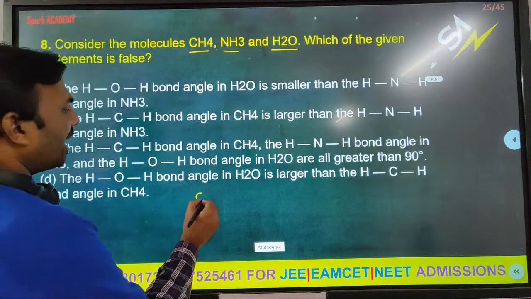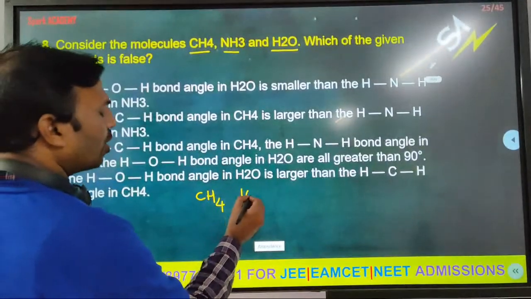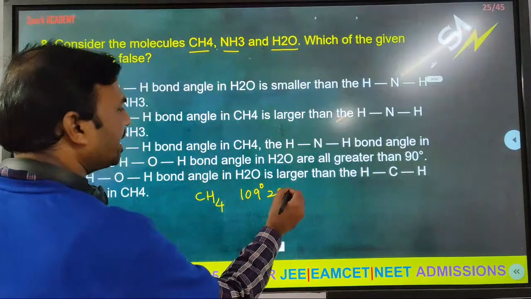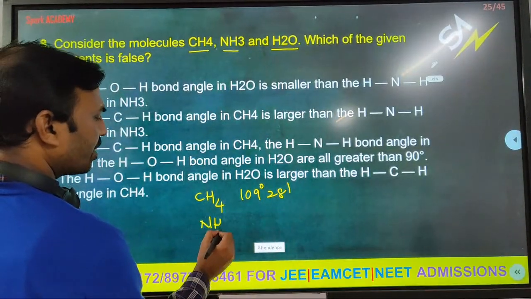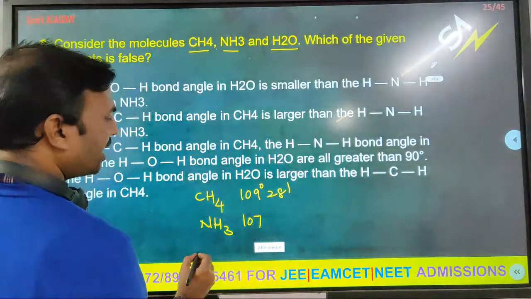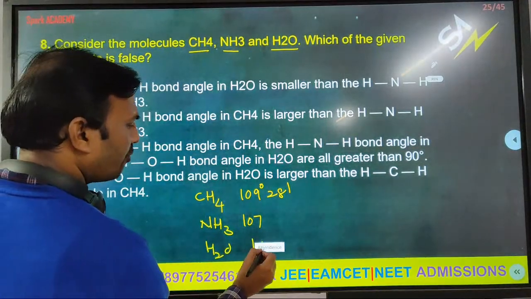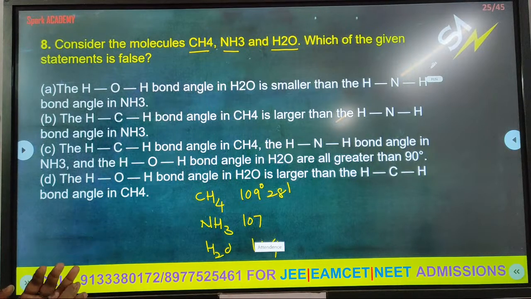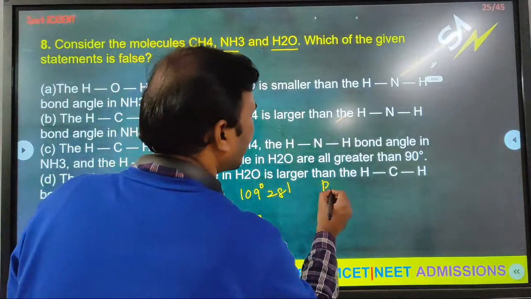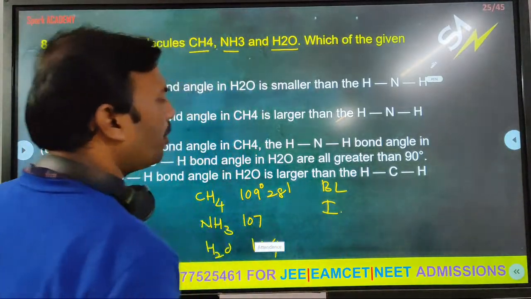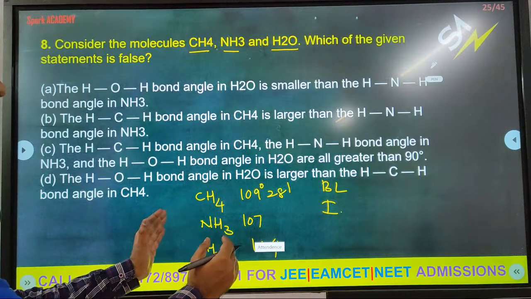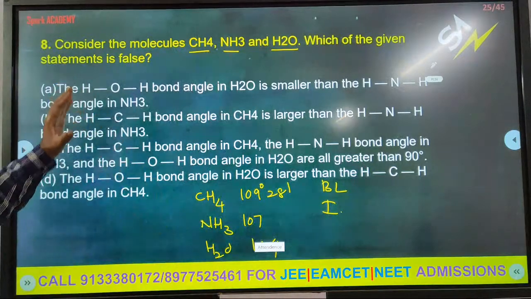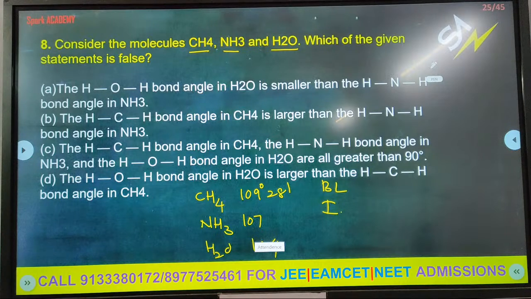The bond angle in CH4 is 109 degrees 28 minutes, in NH3 it is 107, in water 104. So the bond angle is decreasing, and the bond length is increasing. This is the main crucial statement, on which we can easily find the answer.